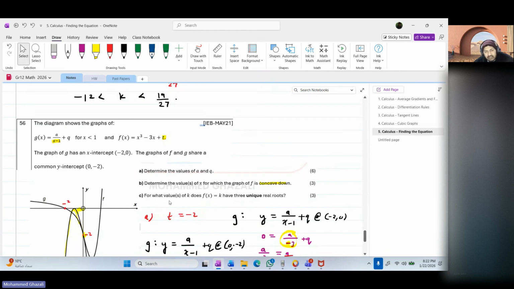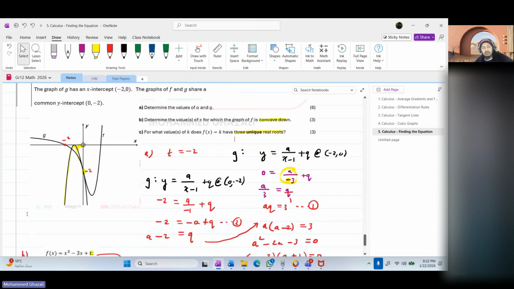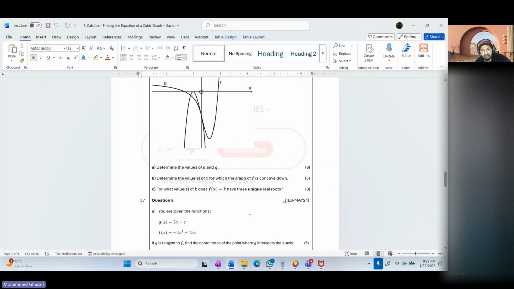Next one. For what values of k does f of x equal to k have 3 unique real roots? So that's very easy peasy. 3 unique real roots. Now, how are we going to solve 3 unique real roots? Let me recopy the graph.